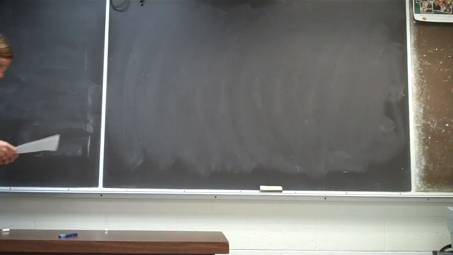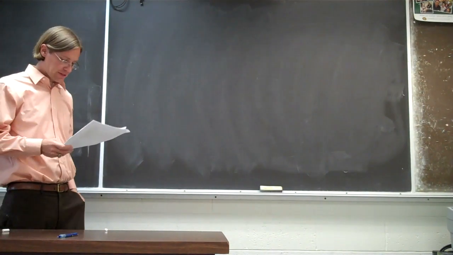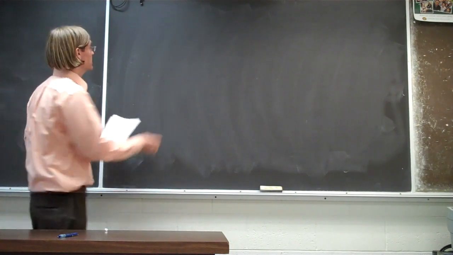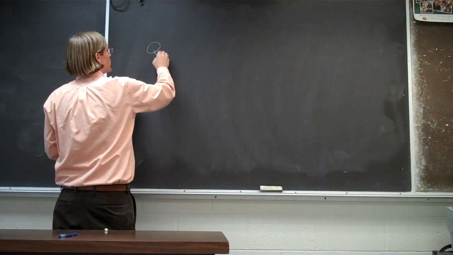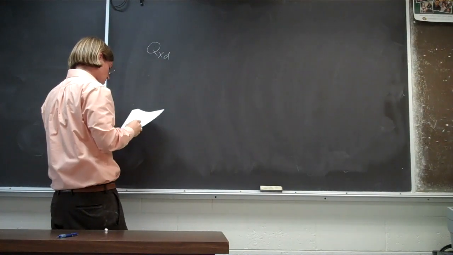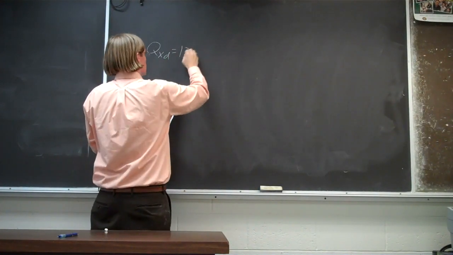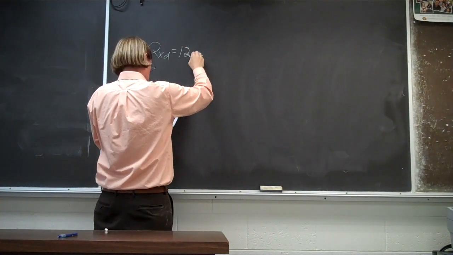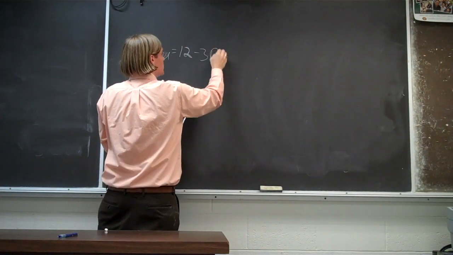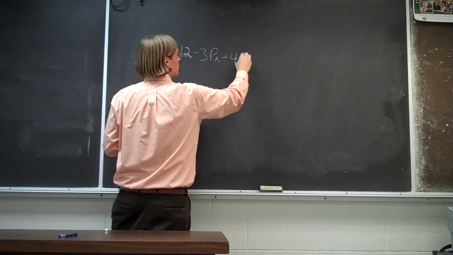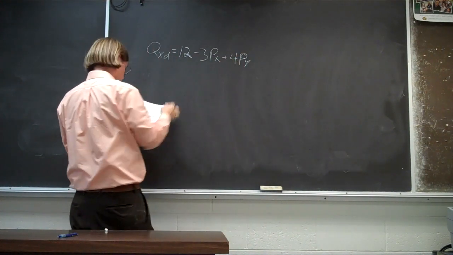Let's go over a problem here to calculate the own price elasticity. I'll give you this demand equation. The quantity of X that's demanded is equal to 12 minus 3PX plus 4PY.